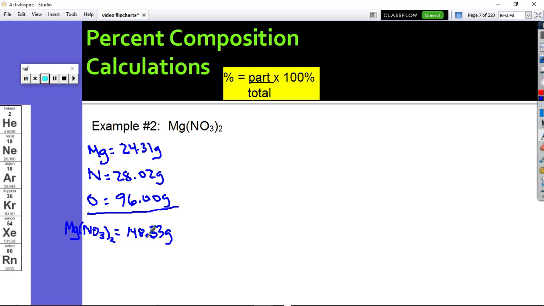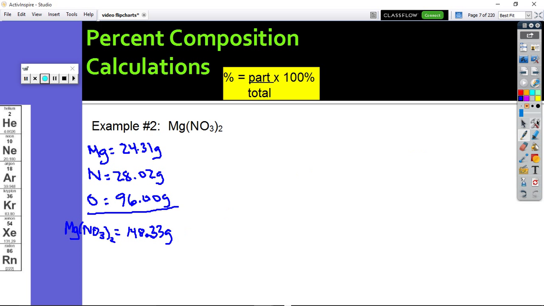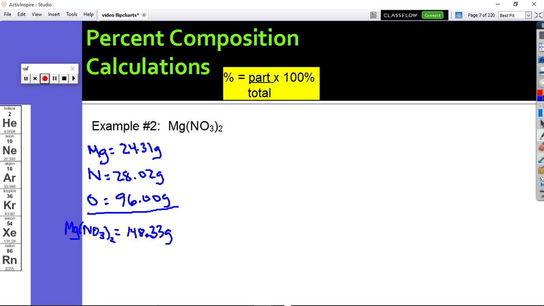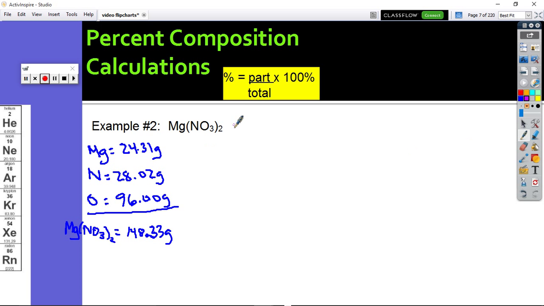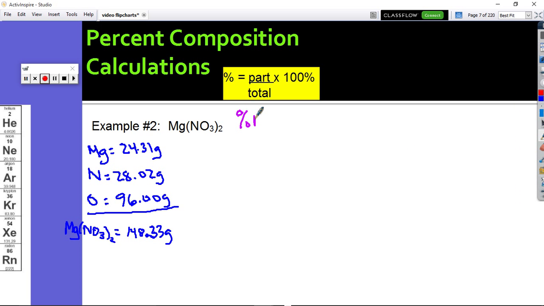Okay, at this point a good idea would be to stop your video, do your percentages for magnesium, nitrogen, and oxygen, and then double check your work. Okay, so our percent of magnesium is the part we're studying, which is magnesium. It has a mass of 24.31.